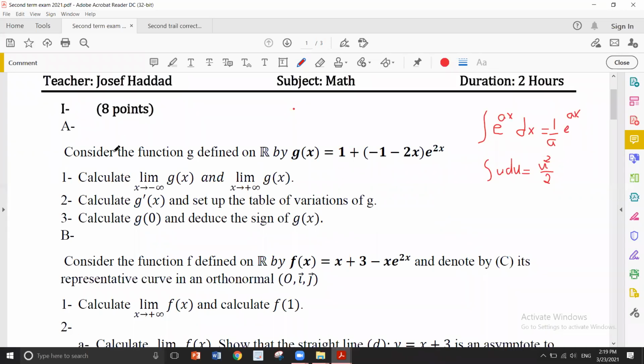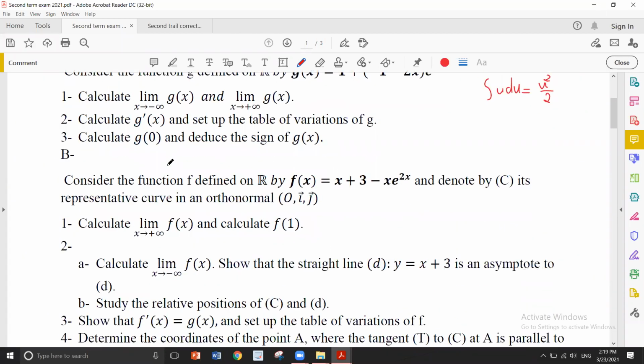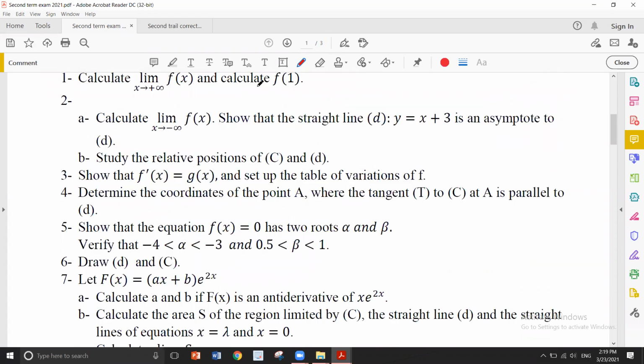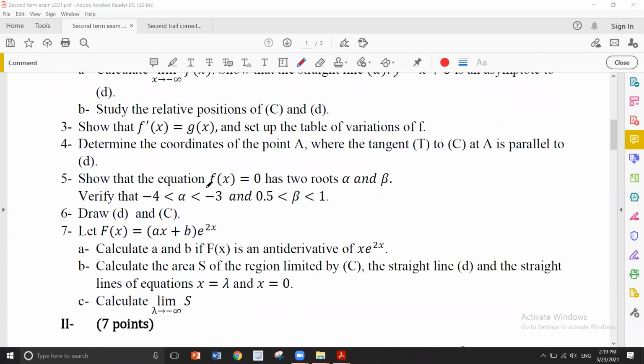I will read each part, and the part that you don't know, please tell me. Which part from part A or part B don't you know? I will do part 7. f(x) equals (ax plus b) e to the 2x.